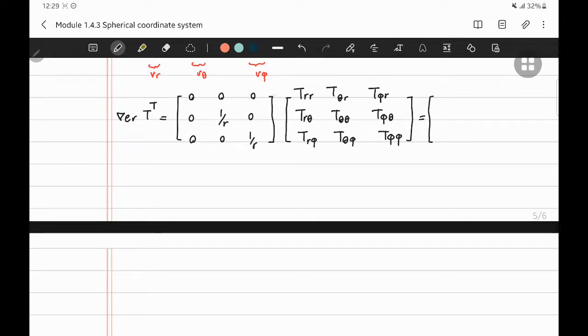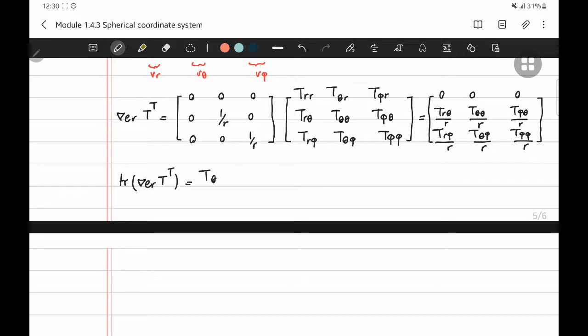So if I calculate this, rows and columns, this is 0, 0, 0, T_R theta divided by R, T_theta theta divided by R, T_phi theta divided by R, T_R phi divided by R, T_theta phi divided by R, T_phi phi divided by R. So the trace of del E_R T transpose becomes T_theta theta divided by R plus T_phi phi divided by R.